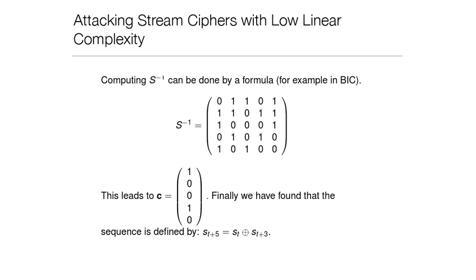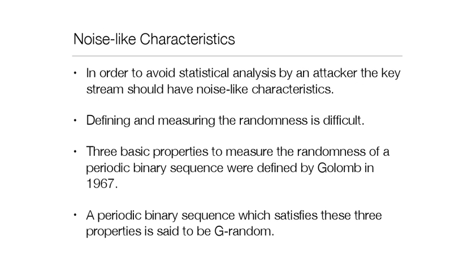And then how to measure randomness. There's no direct way to measure randomness, so Golomb proposed a way to measure it using the Golomb postulate. If a key stream satisfies the three conditions of Golomb's postulate, we can say that the stream is G random, according to the Golomb postulate.